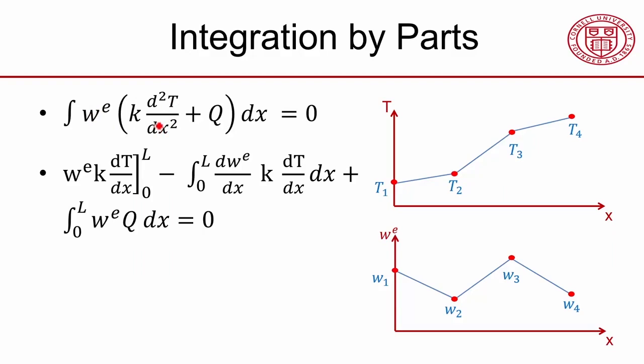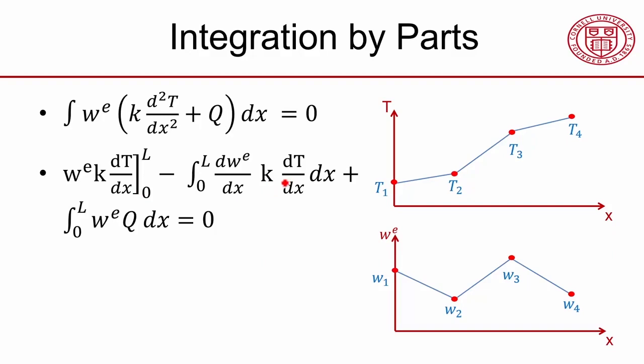So first you will integrate that, so you'll get dT/dx, and then you'll evaluate this product of this and the integral of that at the boundaries. So there's no integral happening in the first term, it's just an evaluation of the boundaries.